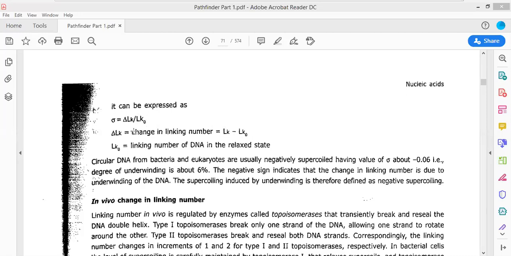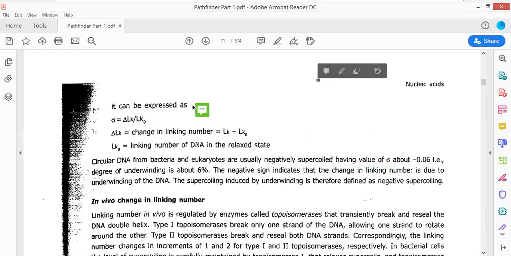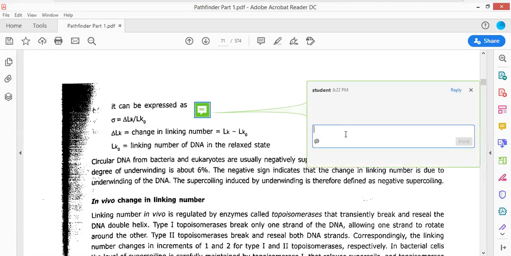Now please try to understand this. I will make you understand through a question. We can understand this through question number 1.